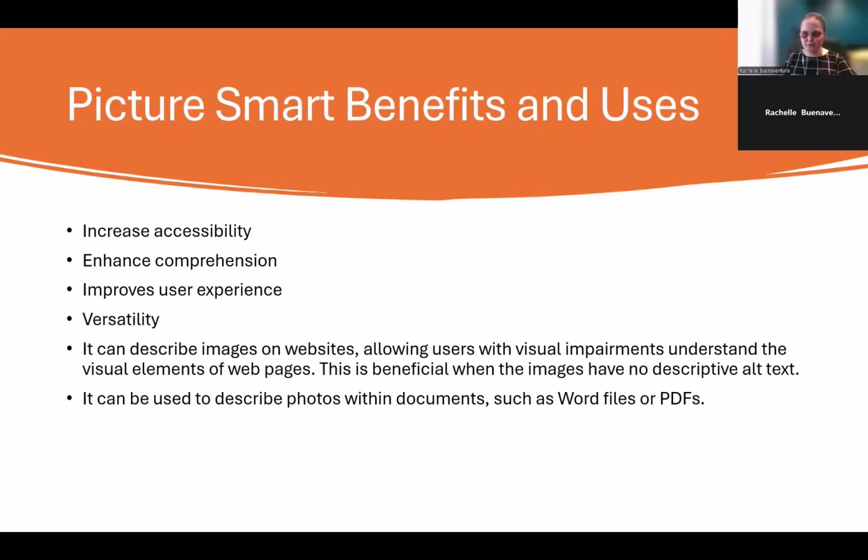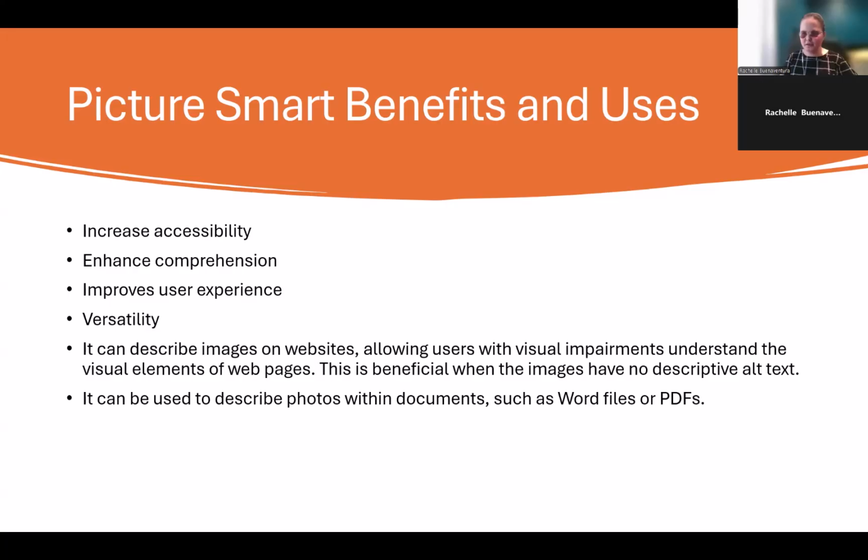Picture Smart also improves user experience. So Picture Smart contributes to a richer and more complete user experience by filling in the gaps left by inadequate alt text. So it will help you be more knowledgeable in terms of describing things.